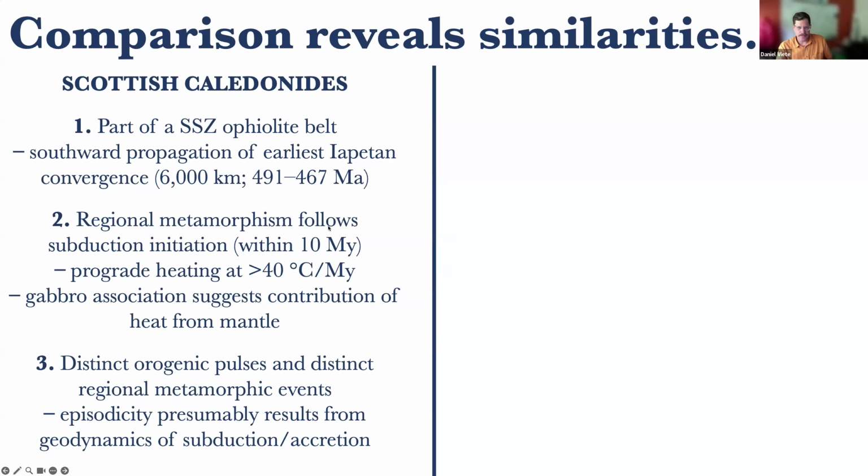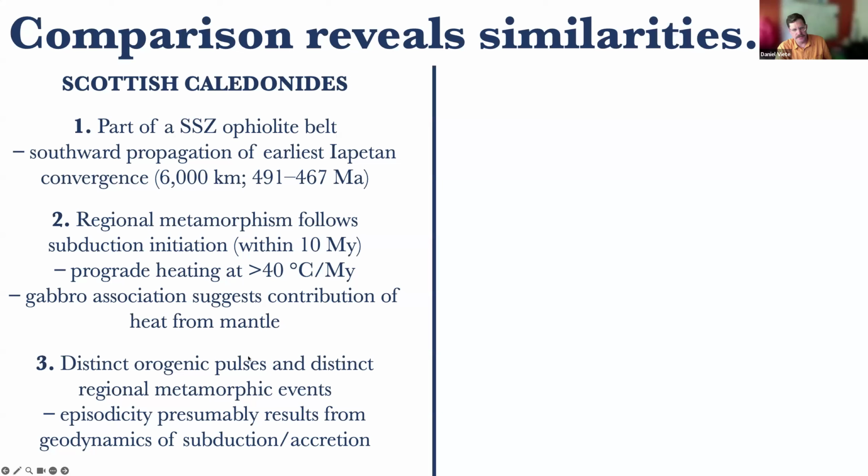Regional metamorphism in many places, particularly in Scotland, rapidly follows this subduction initiation, and this requires significant prograde heating rates, greater than 40 degrees Celsius per million years. And there is a gabbro association in Scotland and Ireland, which suggests some decompression melting of the asthenosphere and some transfer of heat from deeper parts of the system into the middle crust, contributing in some way to the orogenic regional metamorphism.